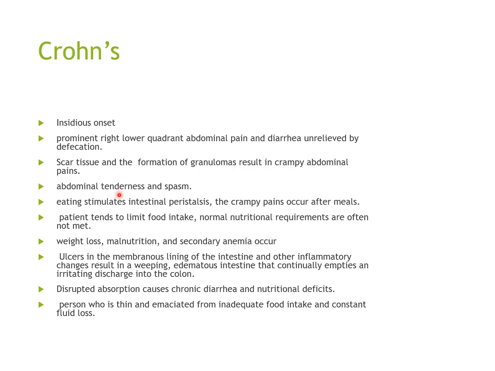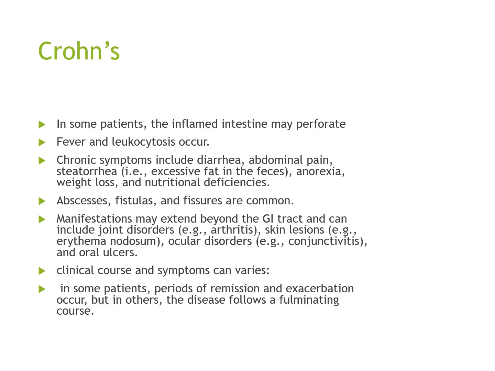We've mentioned the fact that when they eat, it stimulates peristalsis, so the patient doesn't want to eat anymore. So then we know that weight loss and malnutrition can be a really big problem for these patients. All right, so in some patients, the inflamed intestine can actually perforate, which is not a good thing. So what are you going to be seeing in your patient?